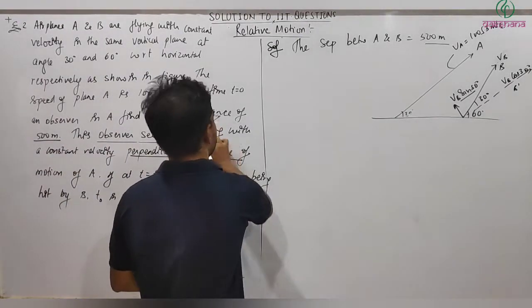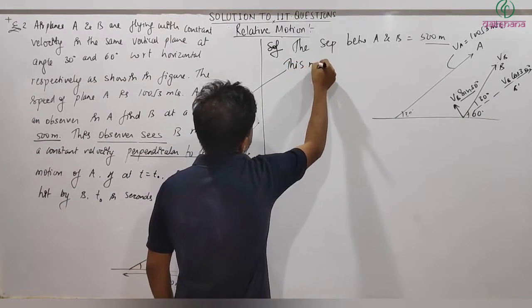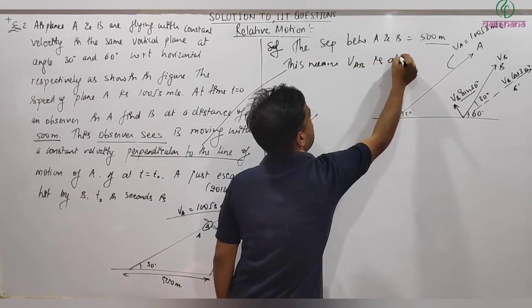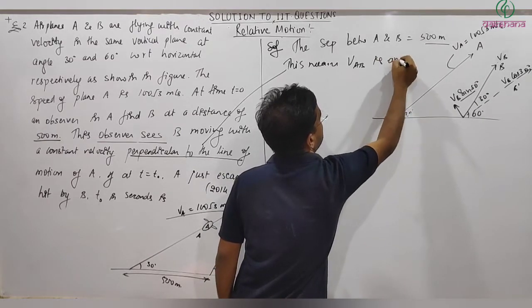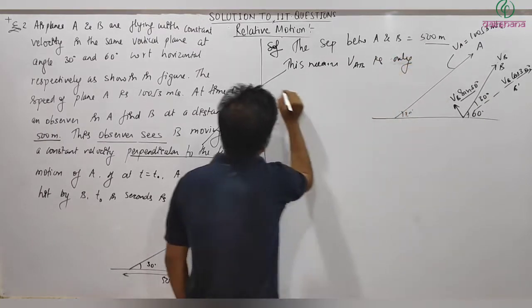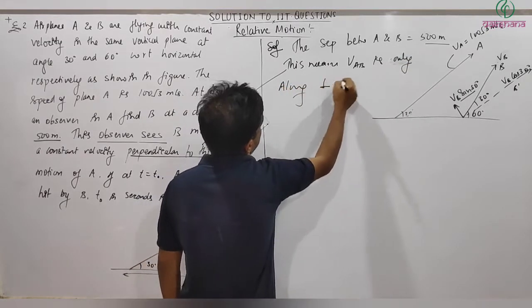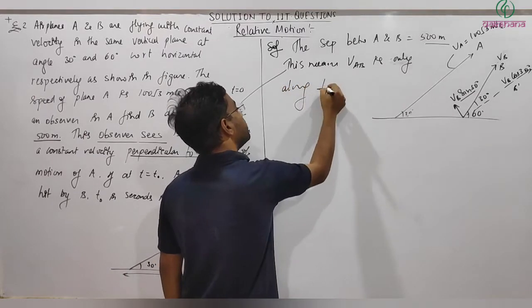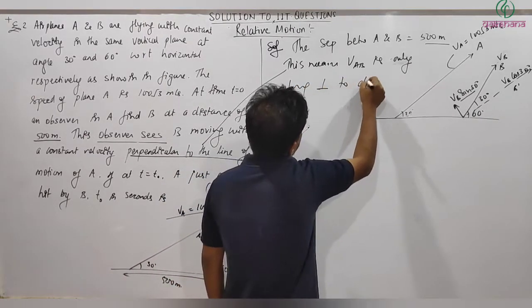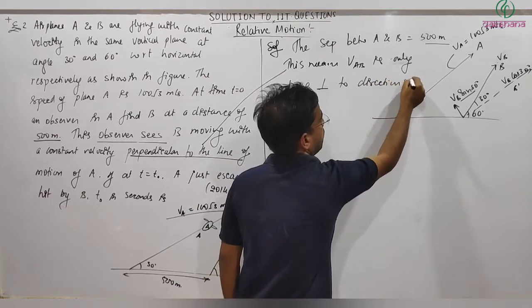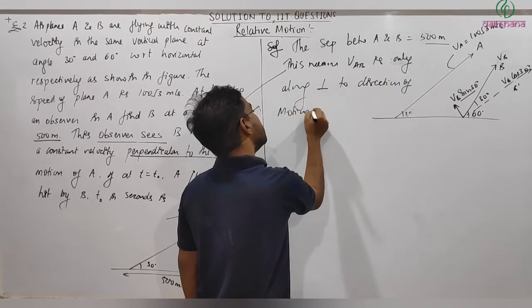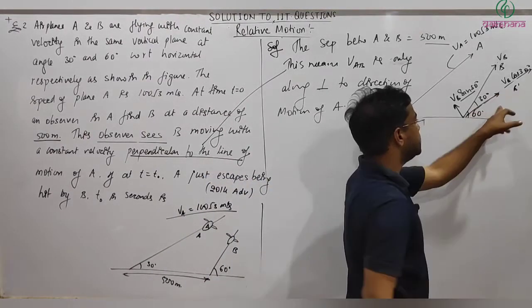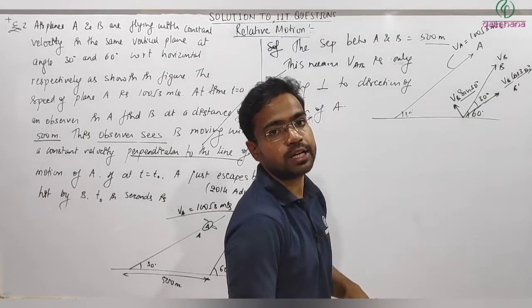So this means VAB is only along the perpendicular to the direction of motion of A. I can write that in this direction the velocity must be the same, and only then is the relative velocity perpendicular.